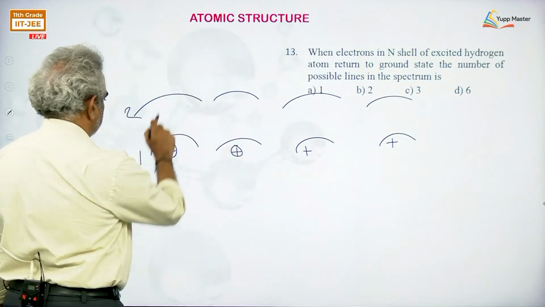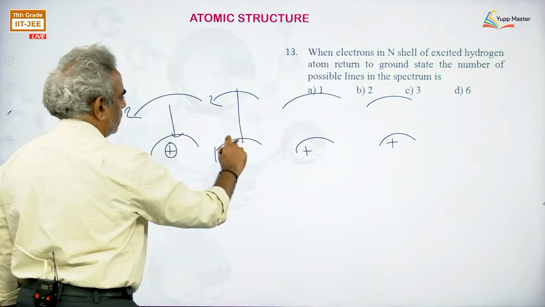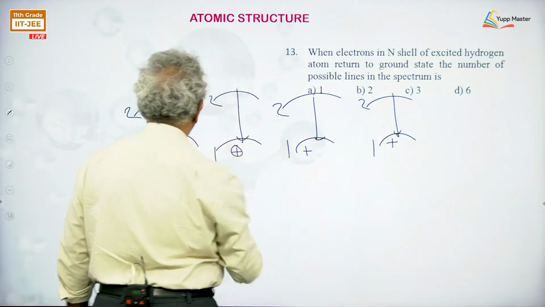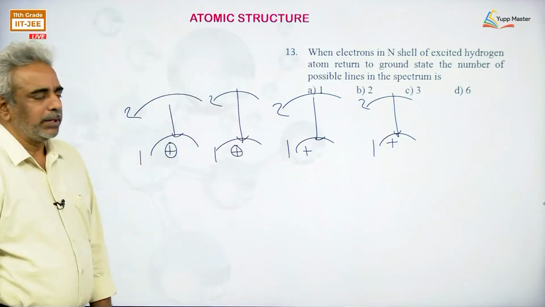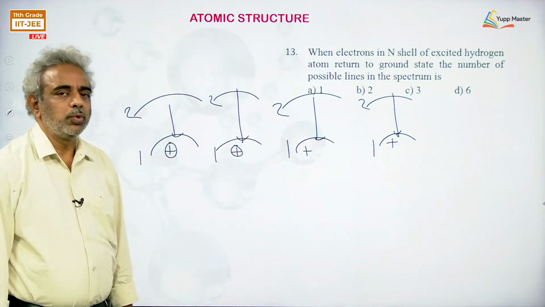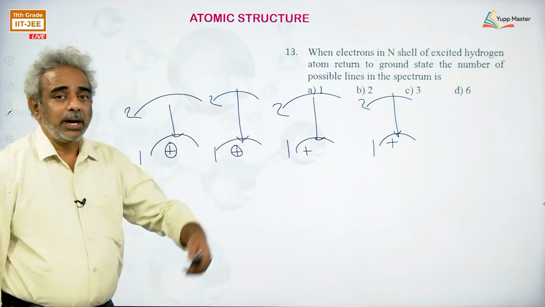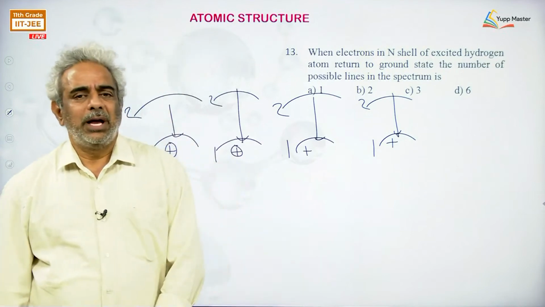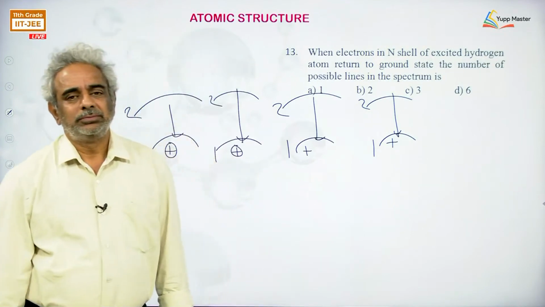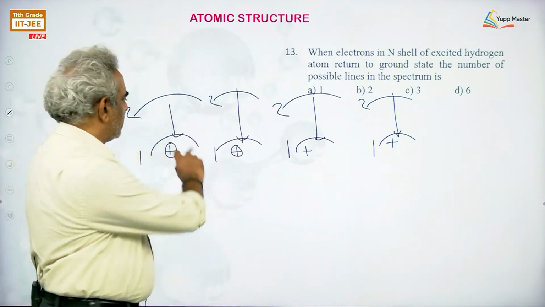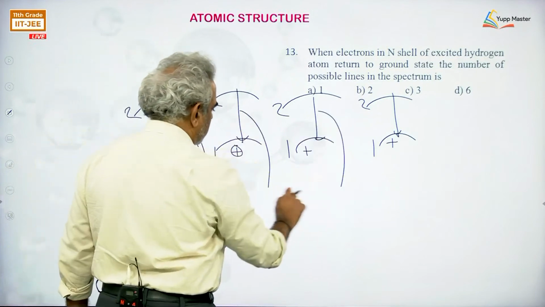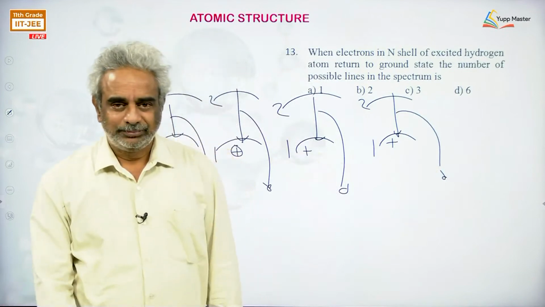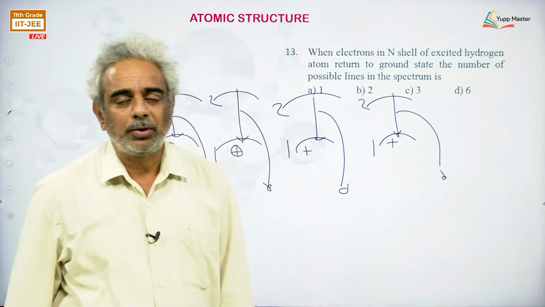This is 2 to 1, 2 to 1, 2 to 1, 2 to 1. In all of them 2 to 1. I have got 10 lakh hydrogen atoms like this. In all 10 lakh, I am having 2 to 1 transition. What do you expect? Each will release a photon. 10 lakh photons would come out.